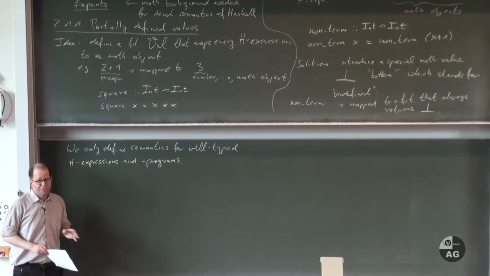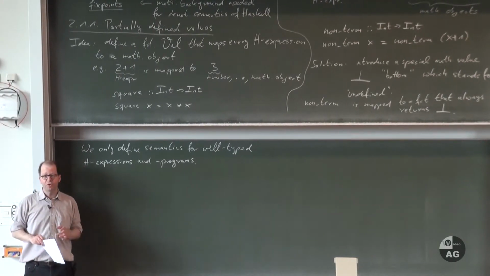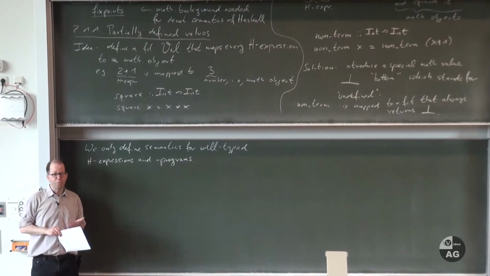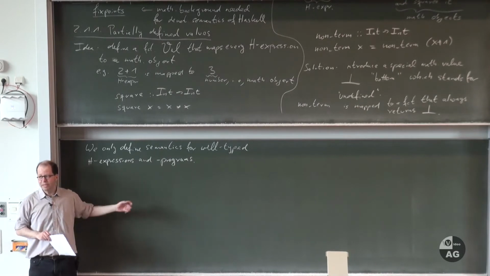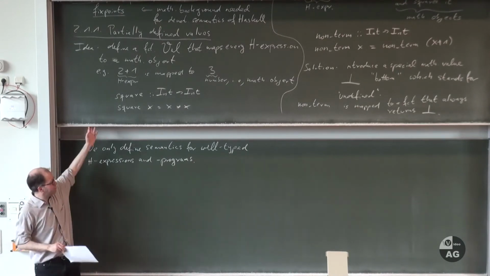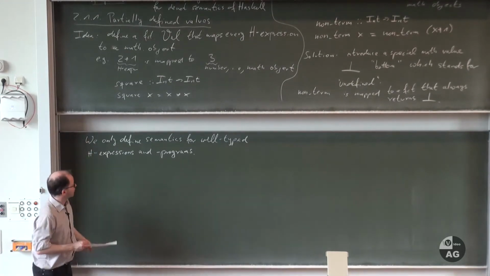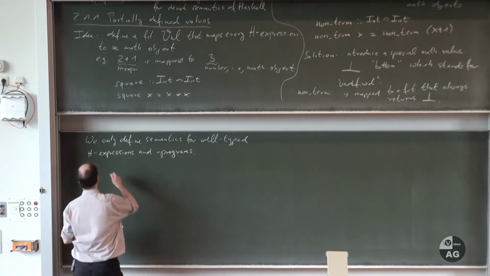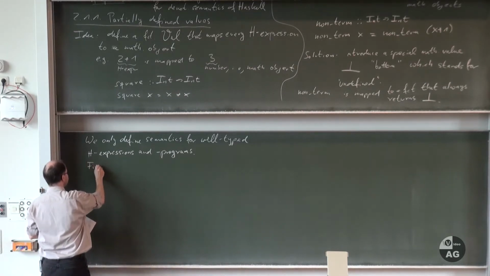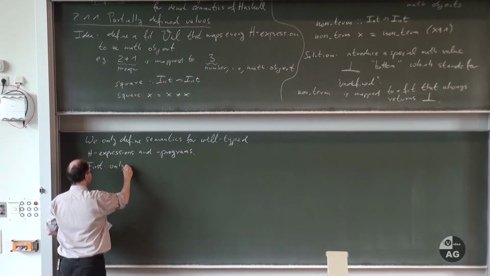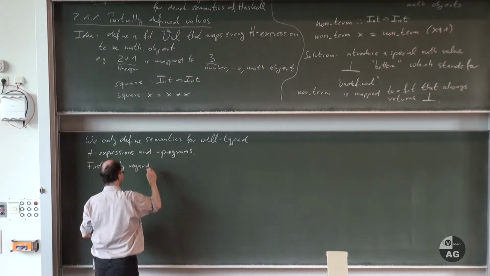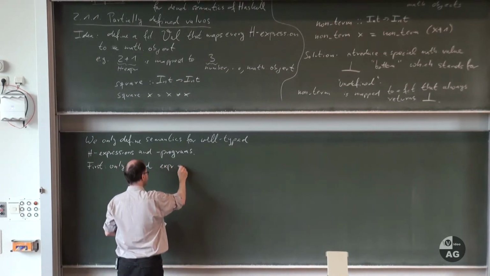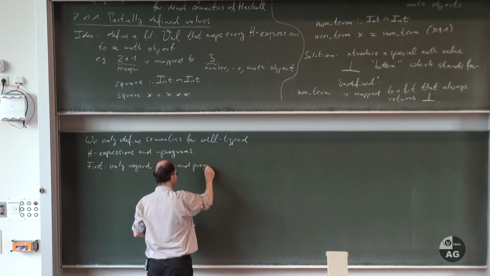And to make life simple, let's first only look at Haskell expressions and types that are monomorphically typed, so where we have no polymorphism, no type variables. We will extend this later on to full polymorphic types, but to make life easy, we start with expressions that have a type where no type variables occur. So first, only regard expressions and programs with monomorphic types.